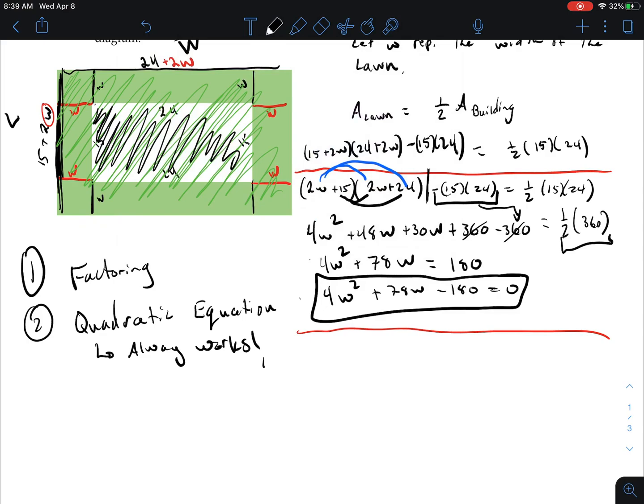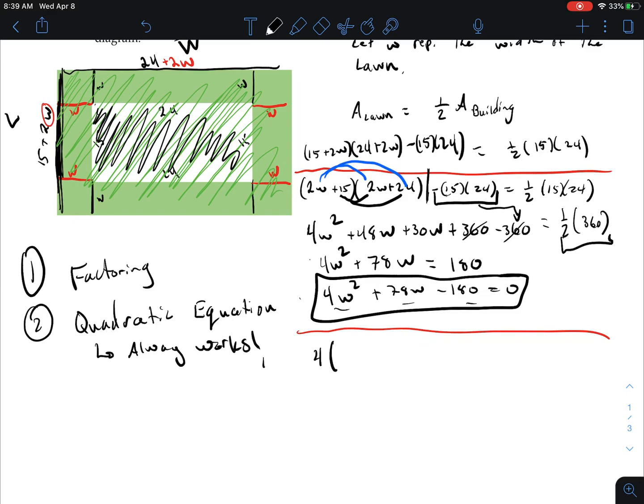My initial question right off the bat is, can I make the value here 1 by taking a 4 out? Does 4 go into everything that you see here, all three pieces? I don't think it does. I don't think 4 goes into all three of those. So if it doesn't, you're limited.